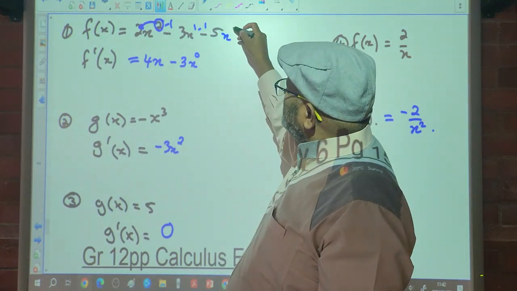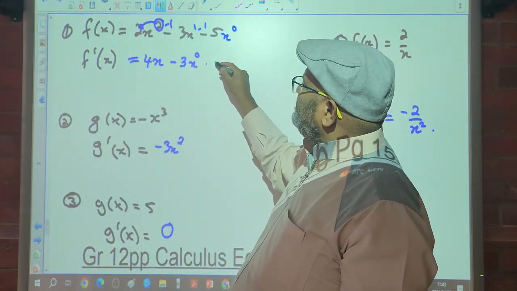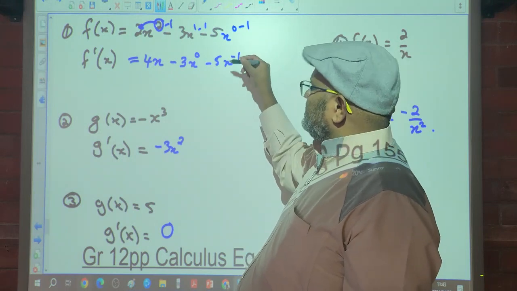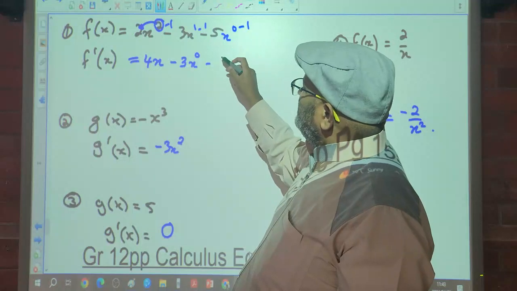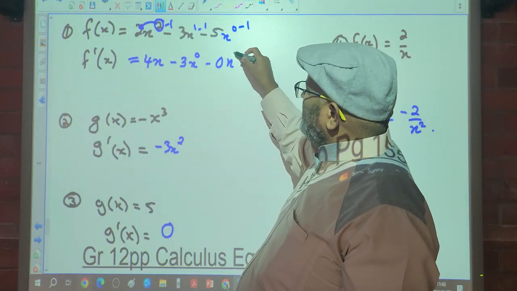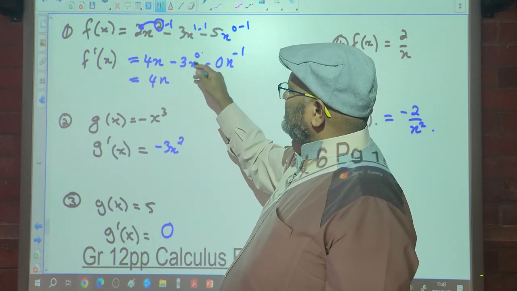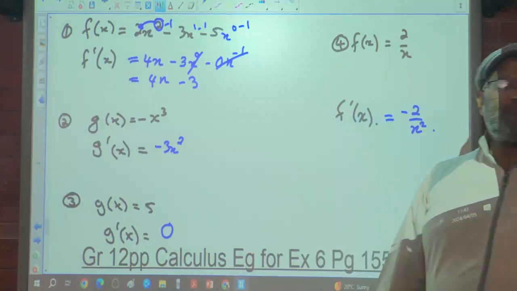And then here's x to the 0, anything to the power of 0 is 1. What's 0 times minus 5? 0. And minus 1. So what now happens is that is 4x. Anything to the power of 0 is 1. And 0 times anything is gone.